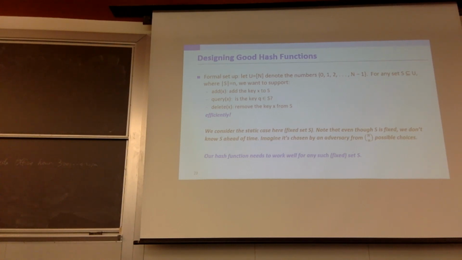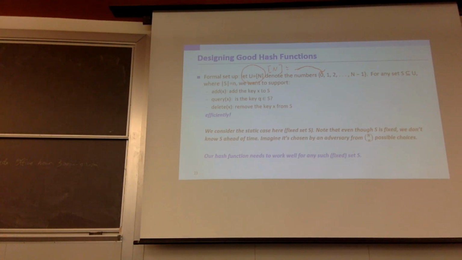To simplify things a little, we will formalize the problem as follows: we have a universe of n elements. Just a reminder, this notation here is a set of numbers. A square bracket with an n in it means the set of integers from 0 to n minus 1.